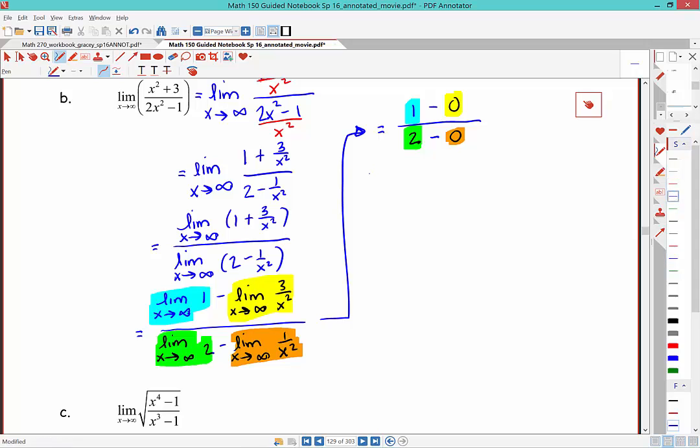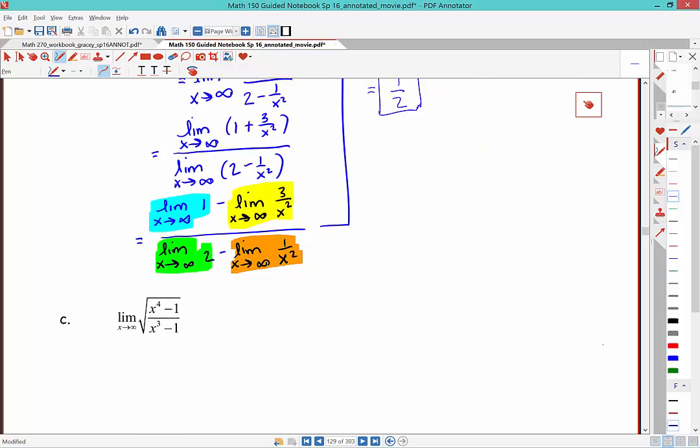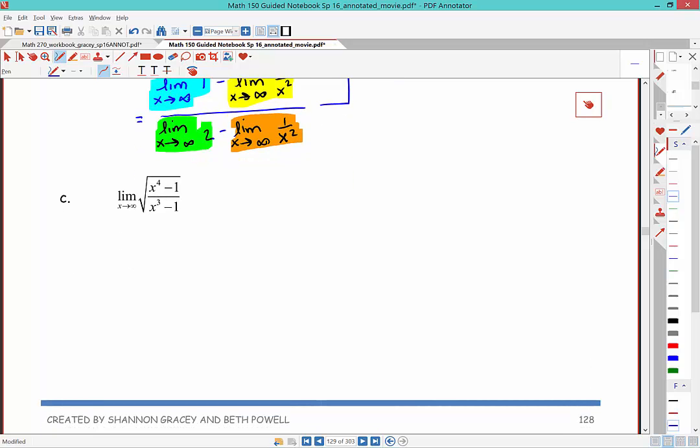So at the end of the day, we would get 1/2, which, as you may notice, is because we had an expression that had the same degree, and the ratio of the leading coefficients is indeed 1/2. Okay? All right. So now, here we go.